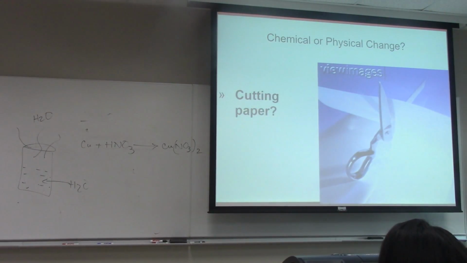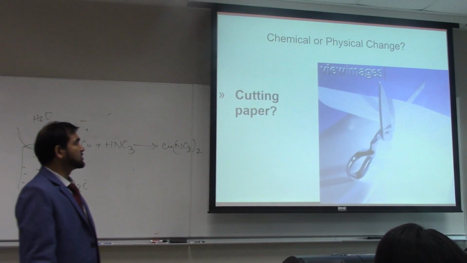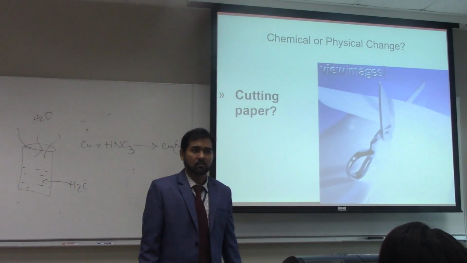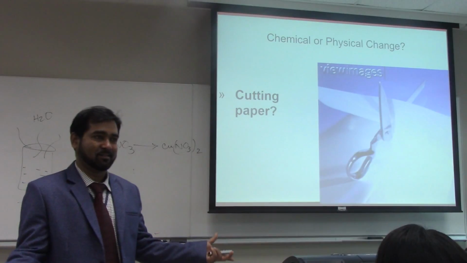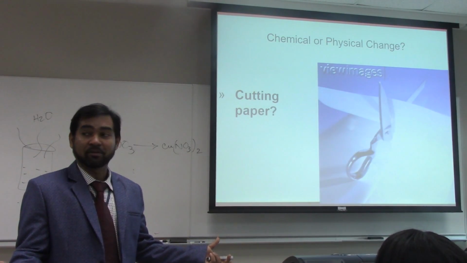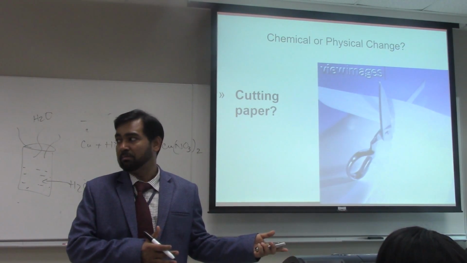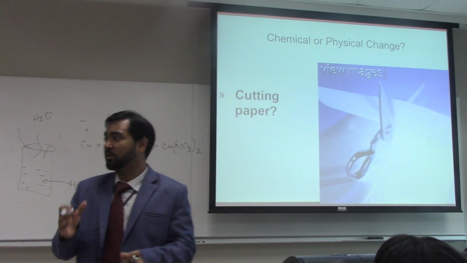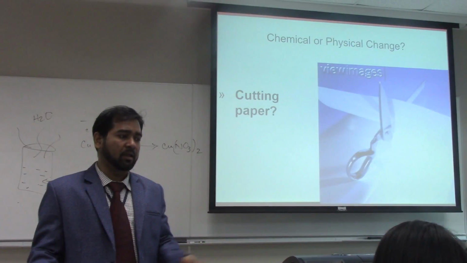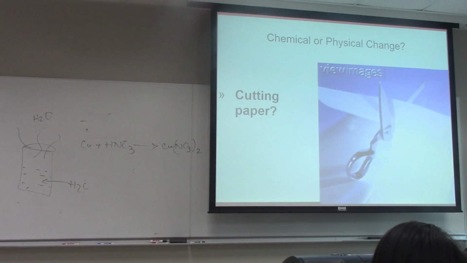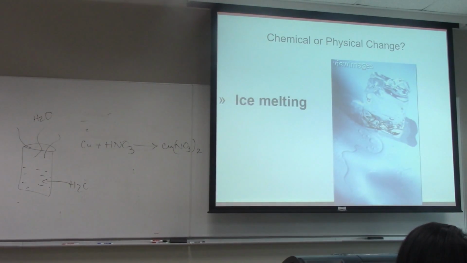Then if I ask you whether it is a physical or a chemical change when you're cutting a paper? Physical change, right? And how about if you burn a paper? That's chemical, because ashes cannot go back to the paper. But when you cut it, when you squish it, smash it, you can get back to the paper again. Ice is melting. Physical. Wonderful.